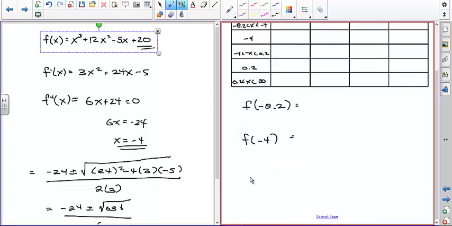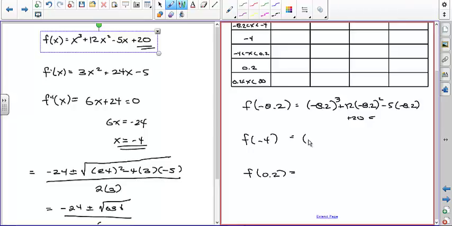And we're going to do f of 0.2. And so that's going to be negative 8.2 cubed plus 12 times negative 8.2 squared minus 5 times negative 8.2 plus 20.